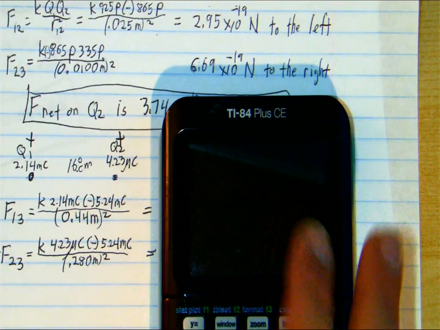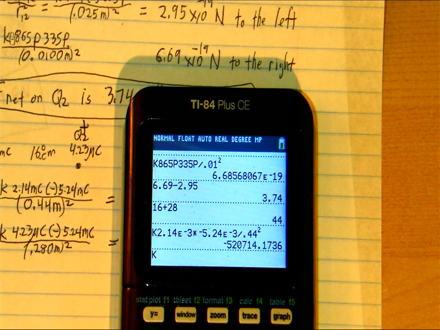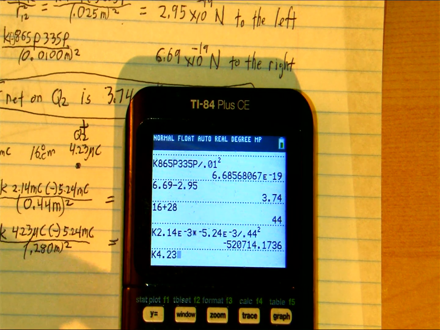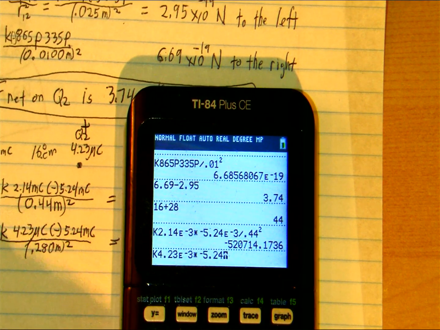All right, well, so I get alpha K times 4.23 times 10 to the negative 6 times the exchange key times 5.24 times 10 to the negative 3, and I see I typed in 3 instead of 6 here. So fix that.